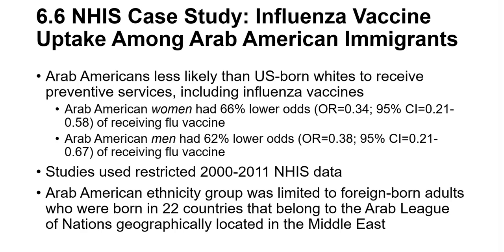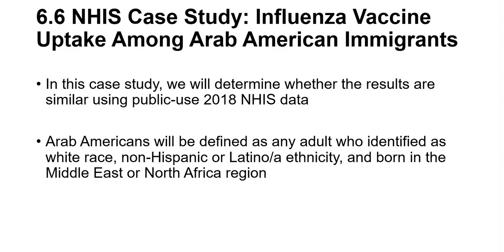These studies were done using restricted data from the 2000 to 2011 NHIS. In order to create the Arab American ethnicity in this sample, we limited this group to foreign-born adults who were born in 22 countries that belong to the Arab League of Nations that are geographically located in the Middle East. For this case study, I want to use some more recent data. We will determine whether the results are similar using the public use 2018 NHIS data.